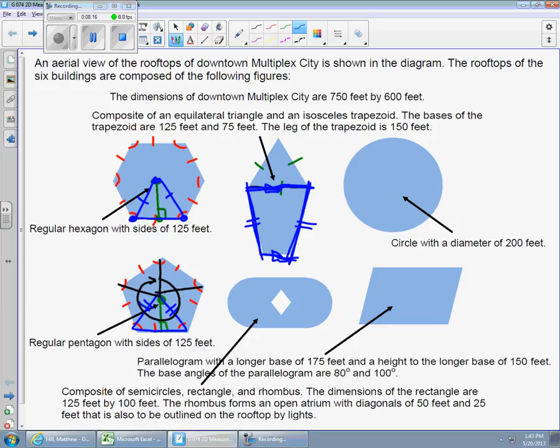The one underneath is probably the worst figure on the page, and its bullet at the bottom says it's a composite of semicircles, a rectangle, and a rhombus. I think it's pretty clear to everybody that you have semicircles going around the outside.